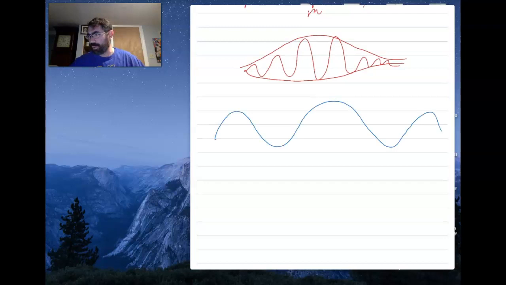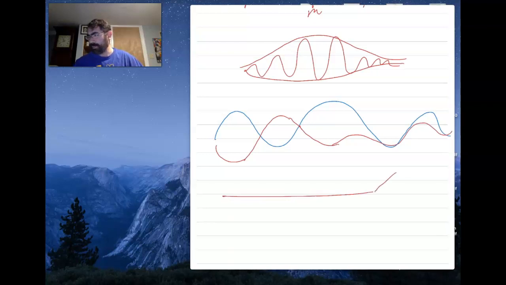So let's say this is our wave, and this is another wave added to it. And essentially, what if we had these things interfere constructively, and I'm sorry, destructively, until you get something like that. So what you have is something that looks a little bit like this.